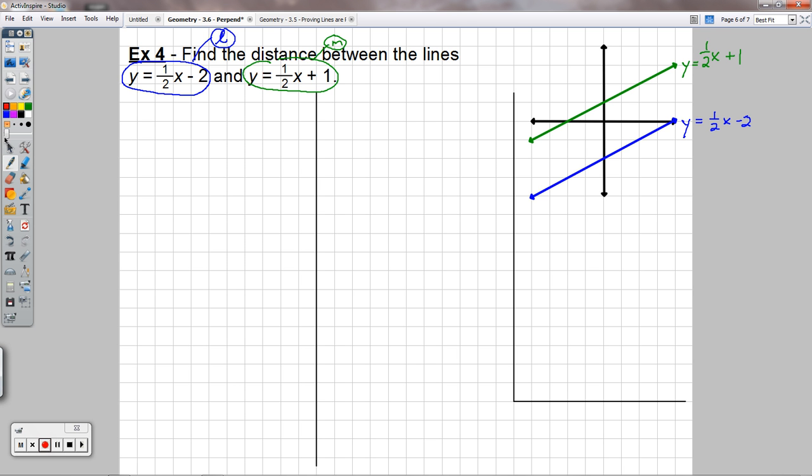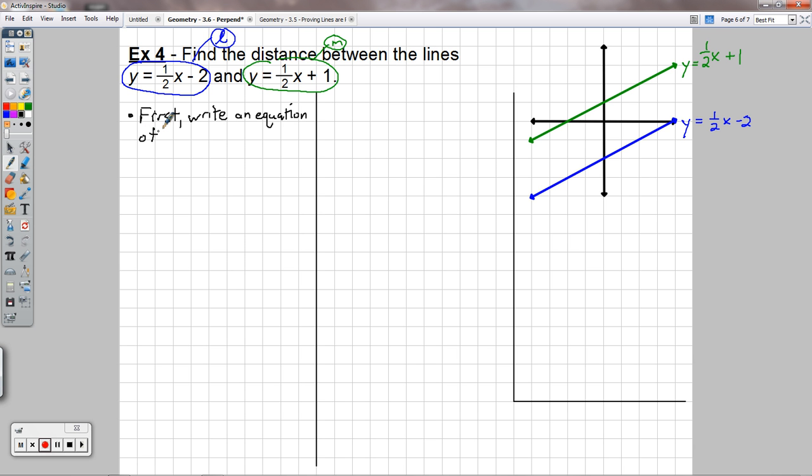So let's start talking about, I'll use black for the instructions on this. So first, let's start talking about line P. We've graphed the equation for L. We've graphed the equation for M. So now we're going to try to write an equation for line P, the perpendicular line to these things.